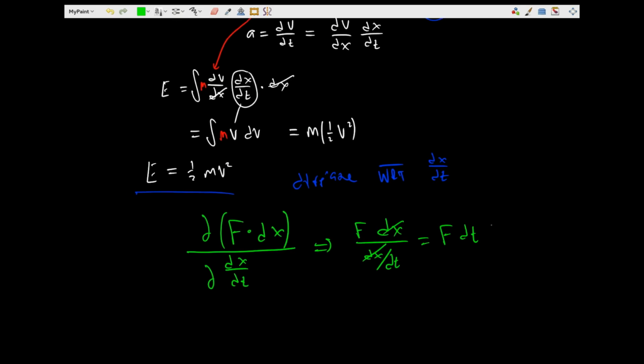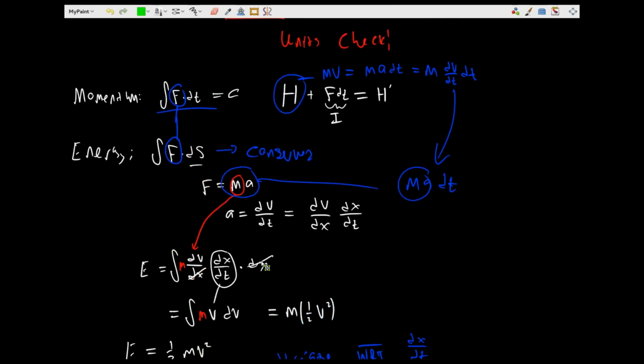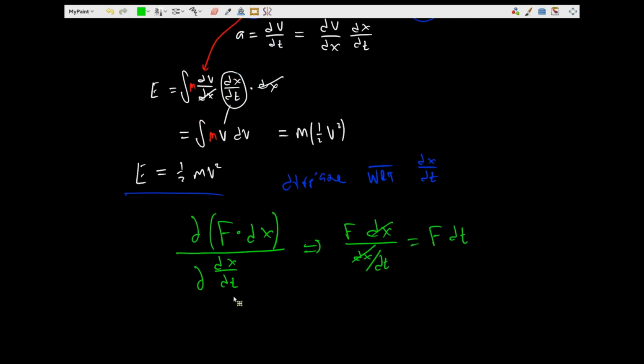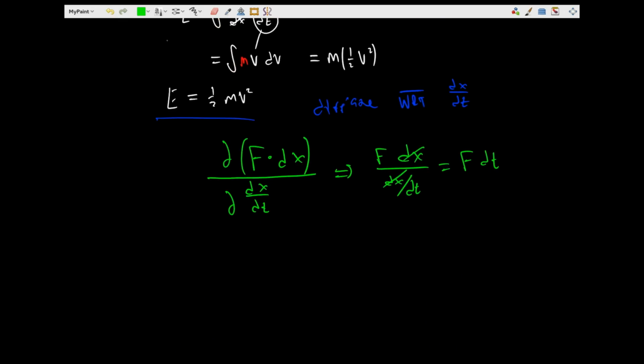And so essentially what we see here is that our energy equation is directly related to our momentum equation by differentiating. So in other words, if we have energy on this axis and velocity on this axis, if energy is constant with respect to velocity, or in other words, energy is conserved, then automatically this slope is going to be 0, so our momentum also has to be conserved.